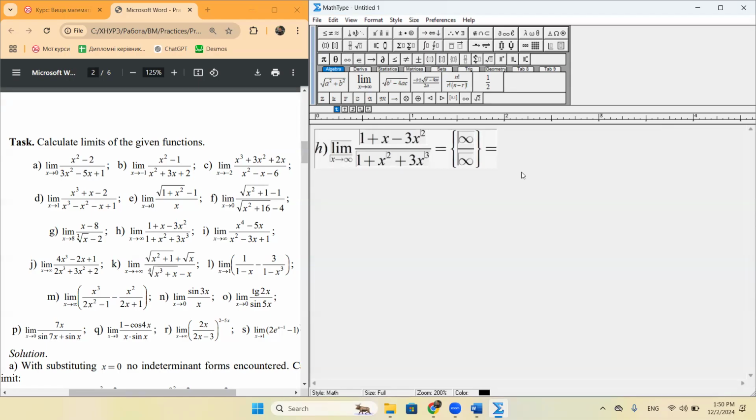What do you remember about it? So any ideas? We also need to factorize. Yes, but how to factorize for such indeterminate form?